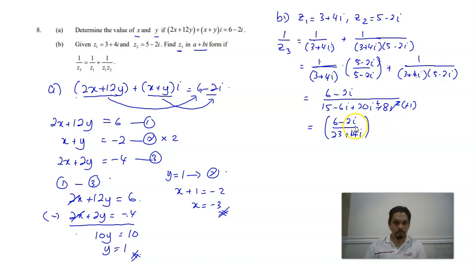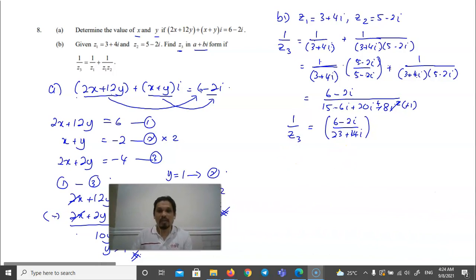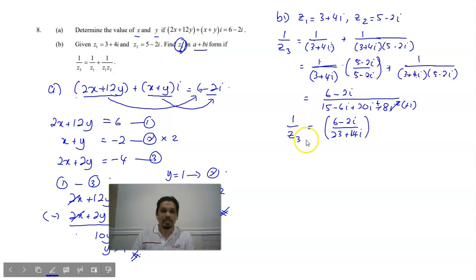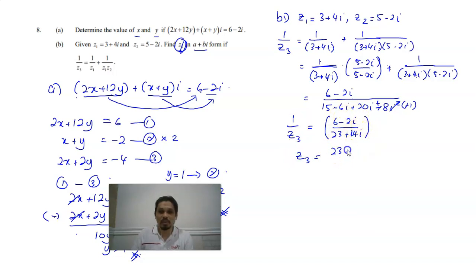Okay. So now, this is not in the form of a plus bi. Wait a minute. This is 1 over z3. We want it in the form of the complex number z3. So this means z3 equal to, switch the position upside down, and you come up with 23 plus 14i divided by 6 minus 2i.